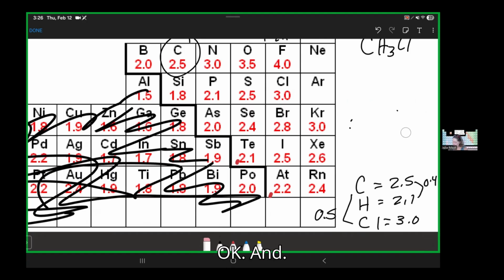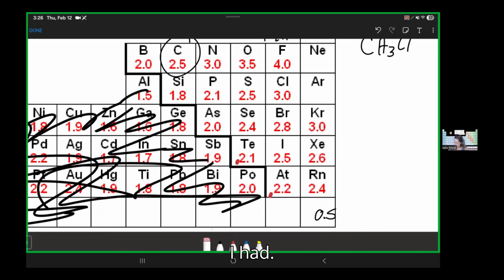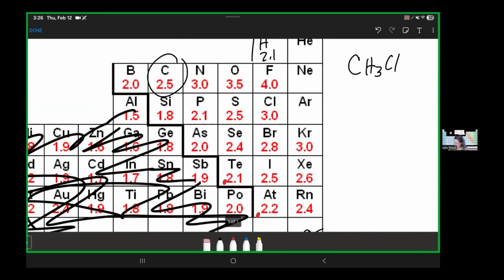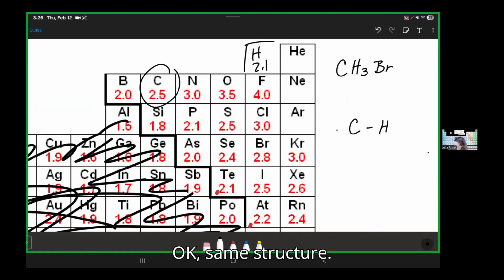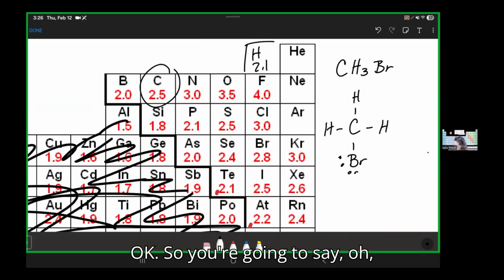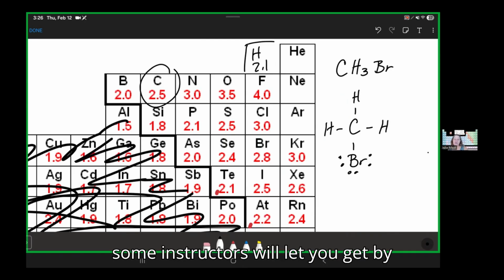Okay, and think of one. Oh, here we go. So if I had CH3Br, same structure, you're going to say, oh, it's not symmetrical, it's polar. And some instructors will let you get by with that.